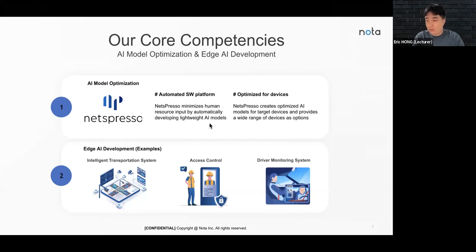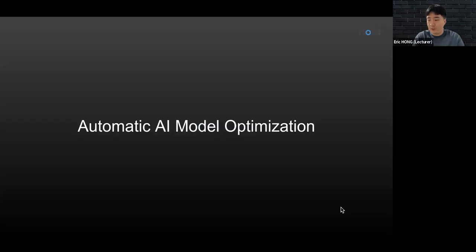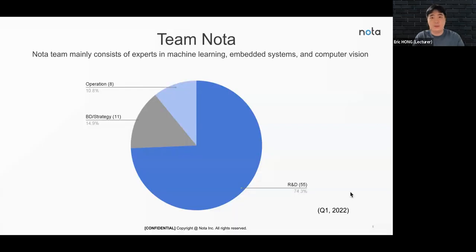Second, we have many examples of applying AI models to real industries, such as intelligent transportation systems, access control systems, and driver monitoring systems. Team Nota is a startup which currently has around 80 members. Among them, R&D members account for more than 70%. This consists of researchers in machine learning, embedded systems, and computer vision.